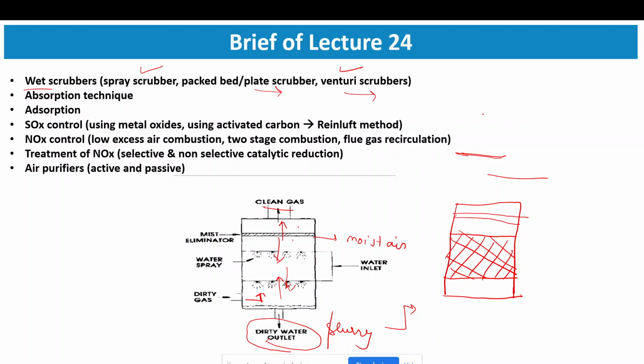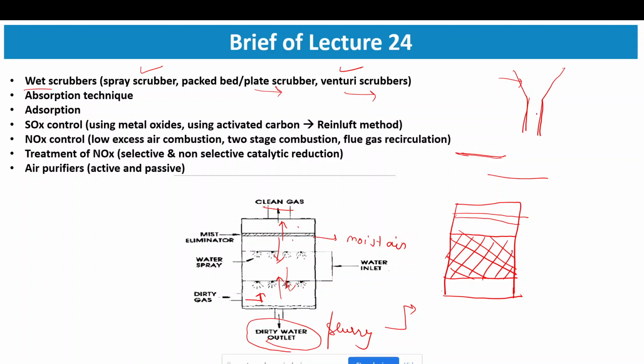Now in the Venturi scrubber, you try to change the path or change the velocity. Suppose this is how air is moving. You try to reduce the area through which the air is flowing, and that is how you change the motion of particles.